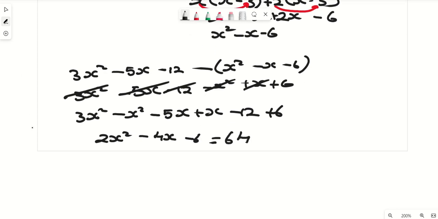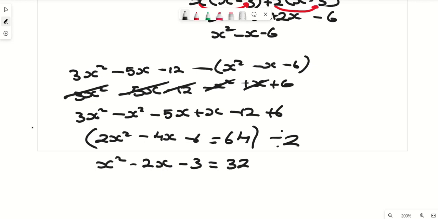So what we looked at here is we saw that everything in this is divisible by 2. So I divided everything here by 2. So 2x squared divided by 2 is x squared. Minus 4x divided by 2 is minus 2x. Minus 6 divided by 2 is minus 3. 64 divided by 2 is 32. Right?